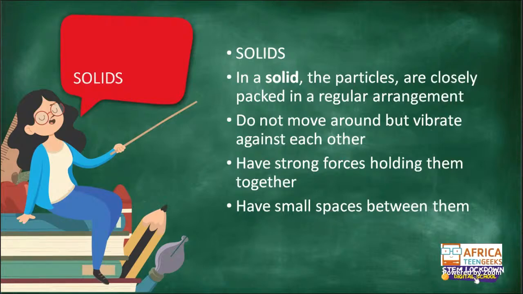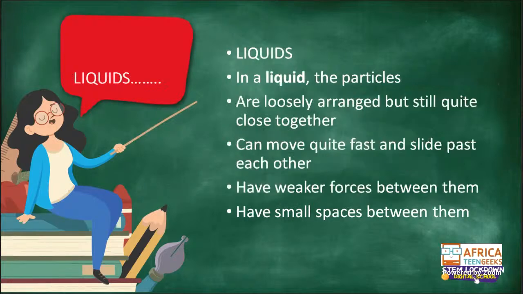They have got strong forces holding them together. And then they have got small spaces between them. Okay. Now let's look at what the particle model is also saying about liquids. It says that in liquids, the particles are loosely arranged.